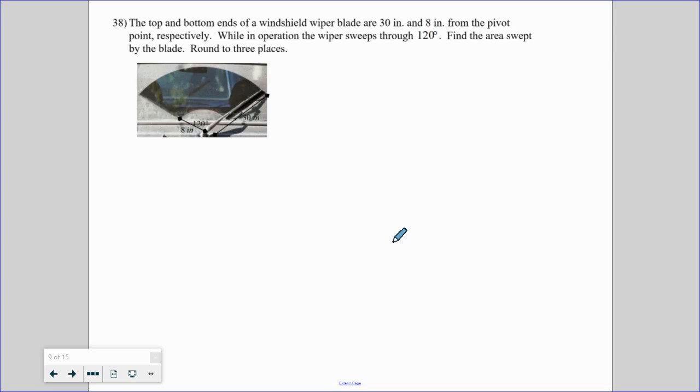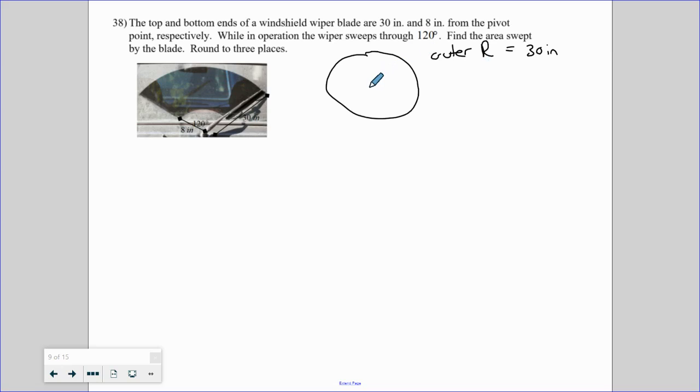I'm on it. Okay, this is nothing more than saying, if I said find the area of this circle, you could do it. If I said the outer radius, I'm going to use a capital R, was 30 inches, you could find that area, right?